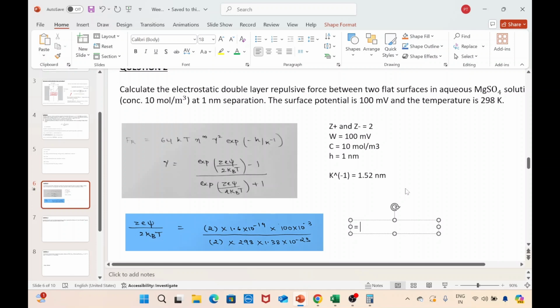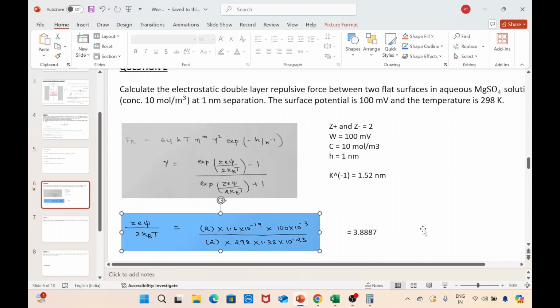The value is around 3.88. Yeah, like that. The exact value is 3.8887. I hope all of you got this value. Since I received one answer from the attendees, I'm going to take this value as 3.8887. So this is your Ze psi by 2 kBT.